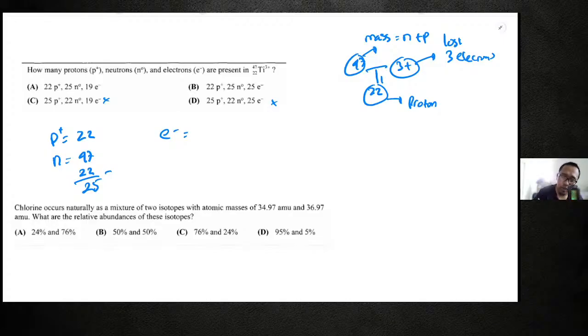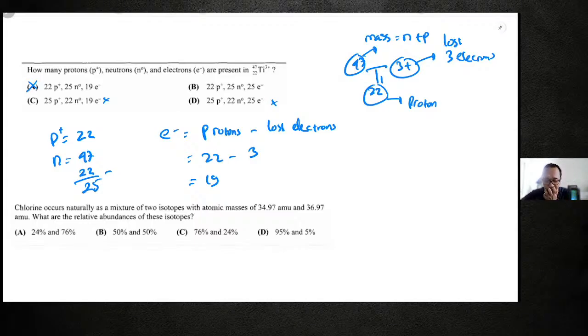So 3 plus means it lost 3 electrons. Regarding this concept, we get the equation: protons minus lost electrons. The proton is 22 and the lost electrons are 3, so it should be 19. So the answer should be A. It's very easy as long as we understand the concept that we already understood.